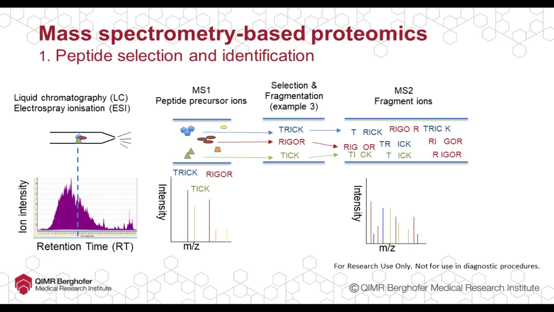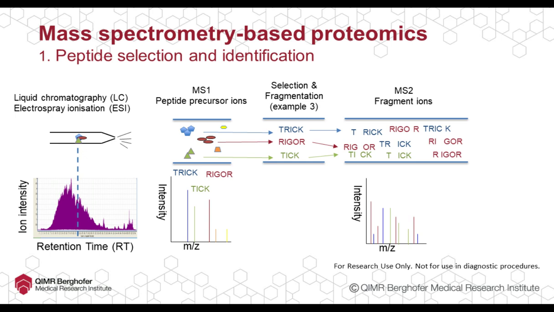Broadly, the peptide precursors are analyzed through the first MS, generating the MS1 spectra, and then further fragmented to get the MS2 spectra. In a common form of shotgun proteomics, the selection of the peptides is usually based on a top number of peptides, for example, the top 20 peptides.